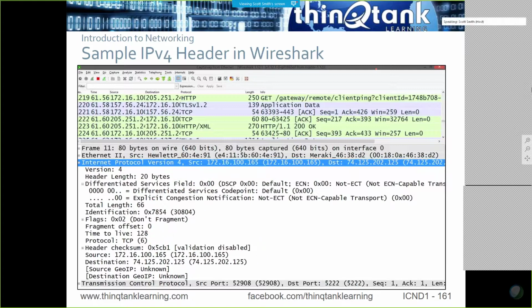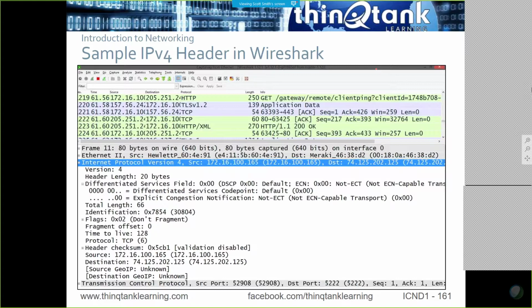All right. So the idea here, guys, is that you can open up a Wireshark application, and if you're tasked with troubleshooting a network, or with understanding, based on a capture, what's happening with a particular packet, you can use this information because you now understand what each of these fields represent.